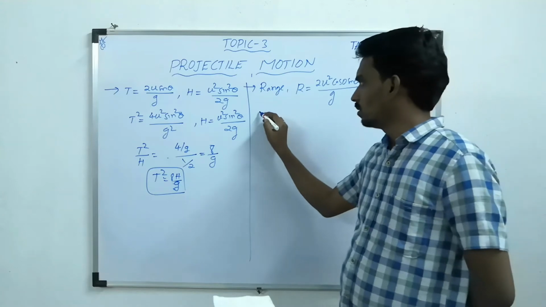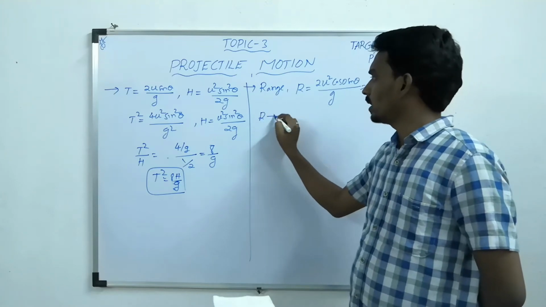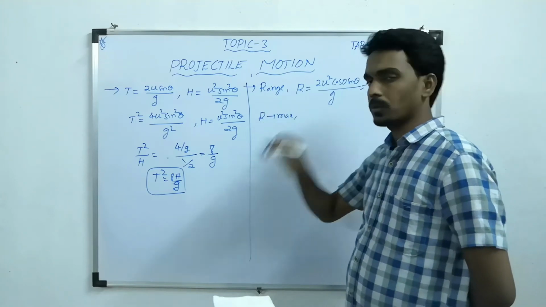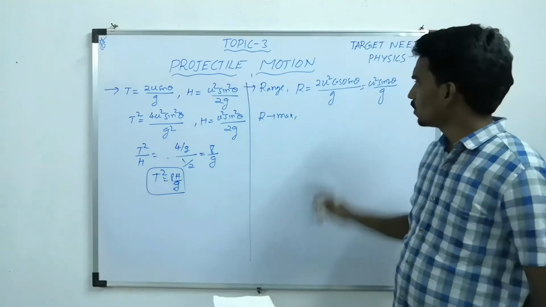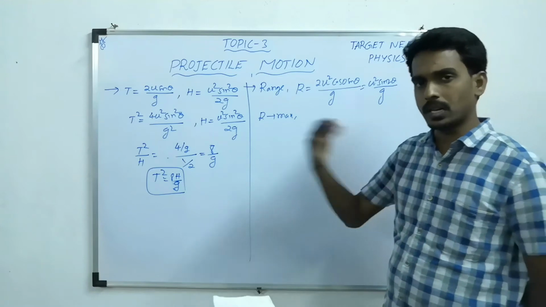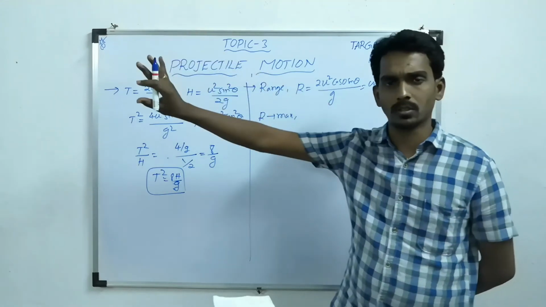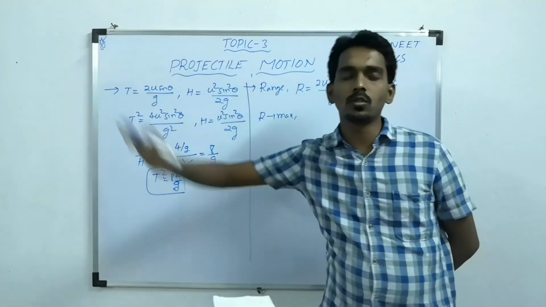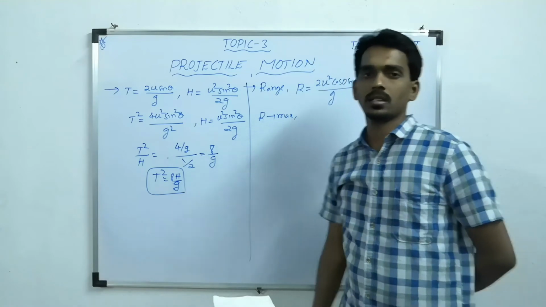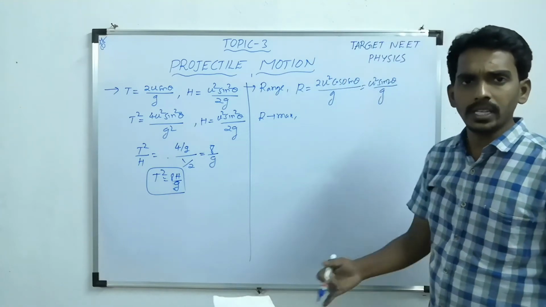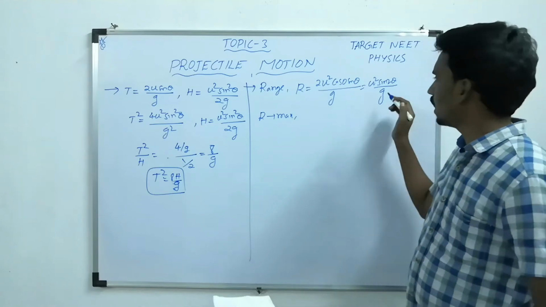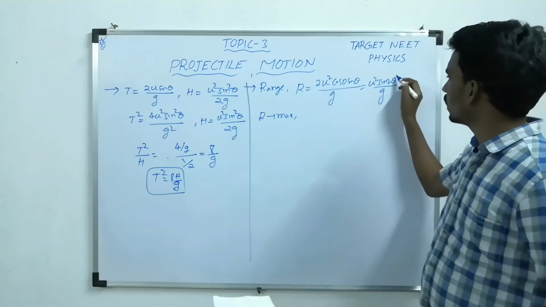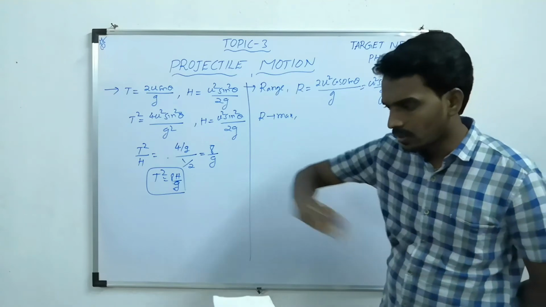Now if you want the range to be maximum for a projectile, range should be maximum for a particular speed. You have to throw with a particular speed such that it can go to the maximum possible horizontal distance. When it is possible, you are telling constant, g of course constant. So what you can vary is theta, the angle with horizontal.